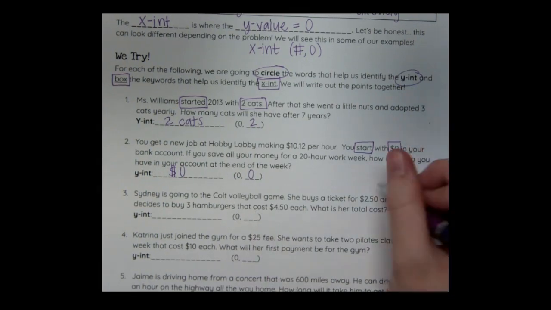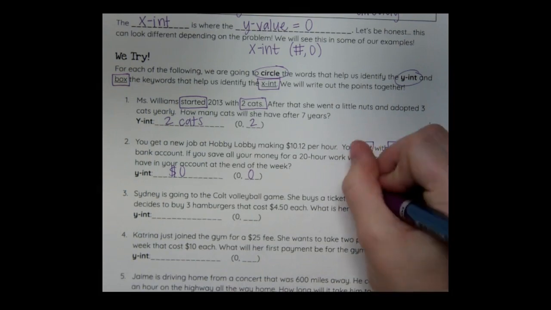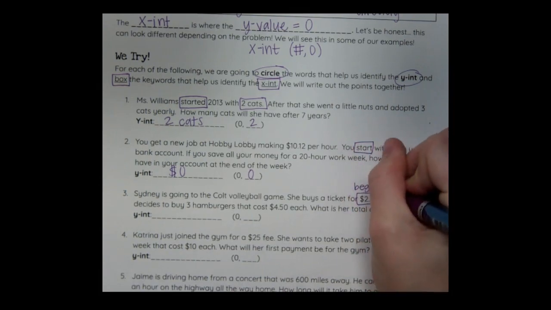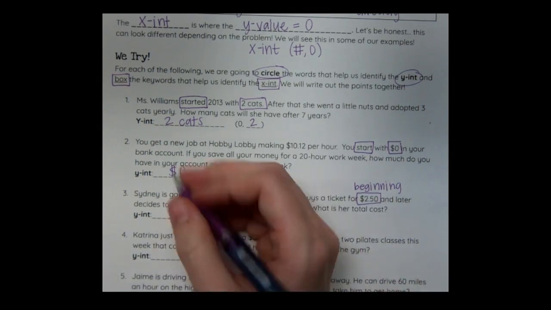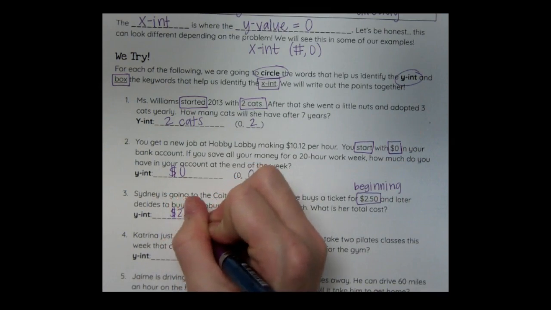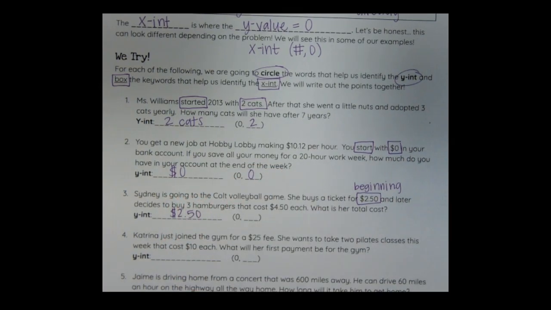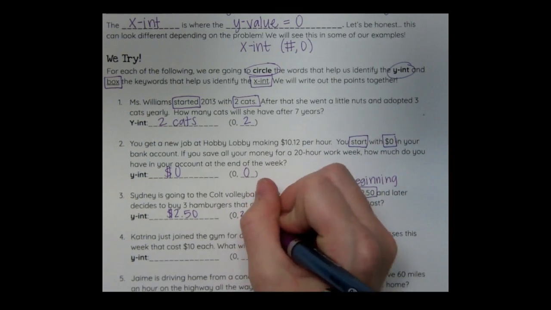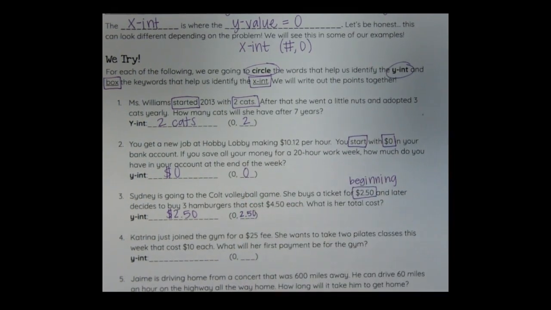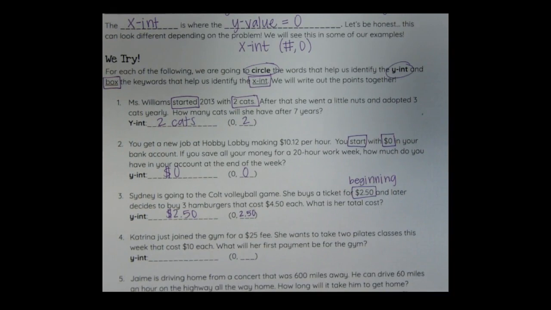So that's where she is starting, or she's beginning by paying $2.50 to enter the volleyball game. She's starting with that much. She already had to pay it. So that's our y-intercept: 2.50. How do we feel about that one? If you need some help, pause it, ask your teacher, or watch this part again.